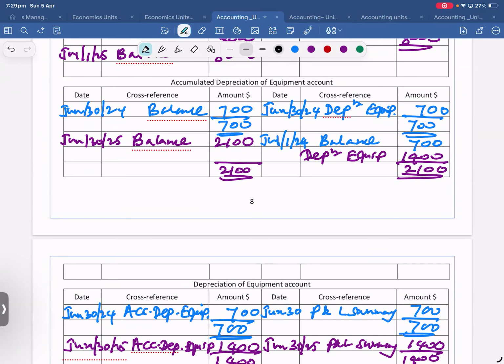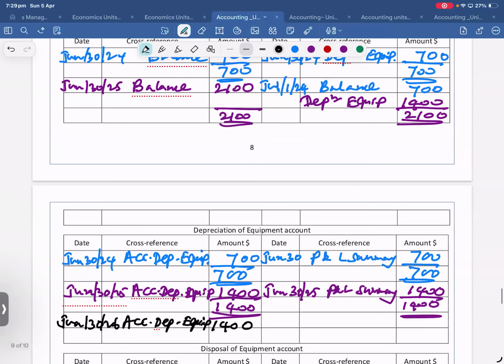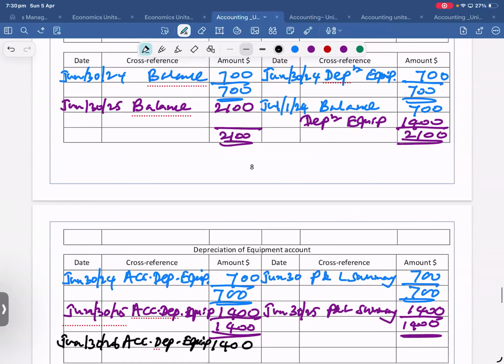Depreciate first. How much is the depreciation? Again, 1400. June 30th, 26. Saying accumulated depreciation, equipment, right? Then you debit here and credit the accumulated.